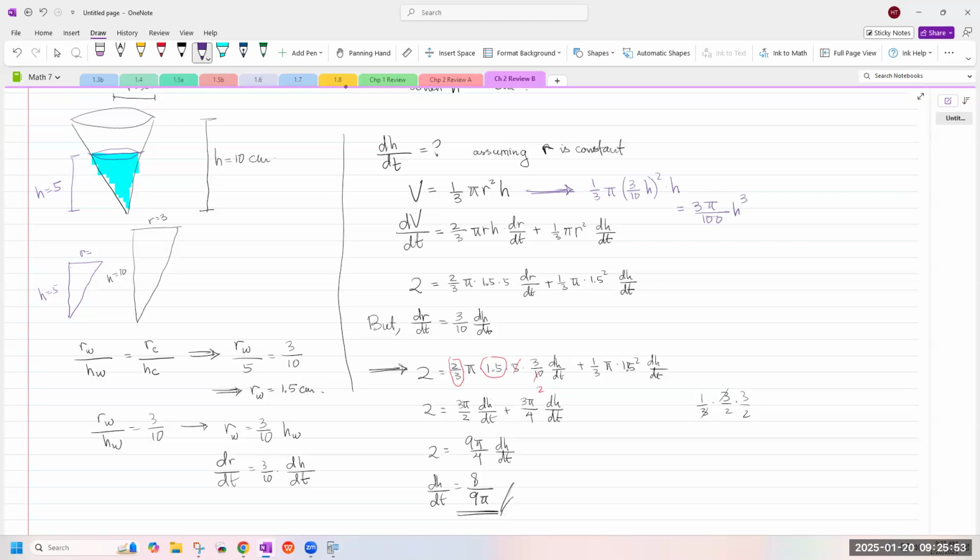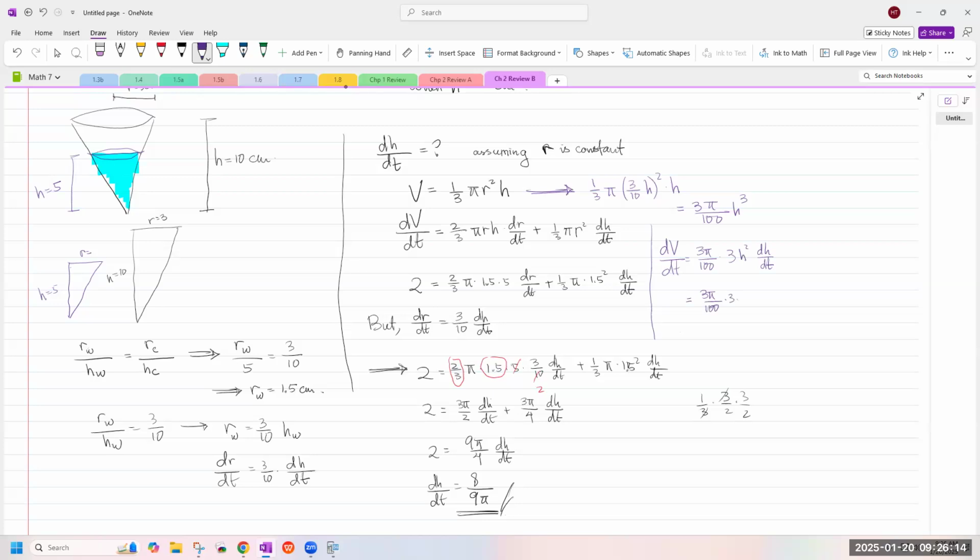Yeah, if we use that, I think it will be easier. So dV/dt will be 3π over 100 times 3h squared dh/dt. So that will be 3π over 100 times 3.